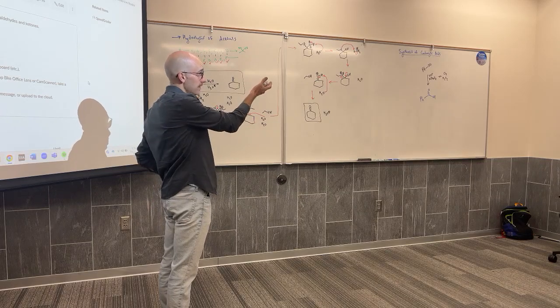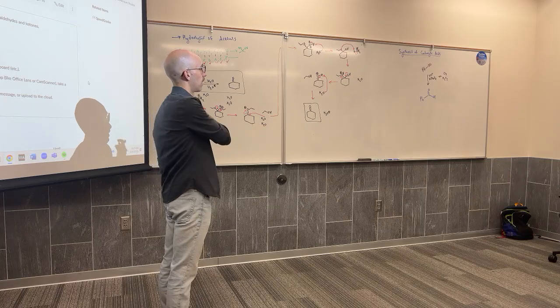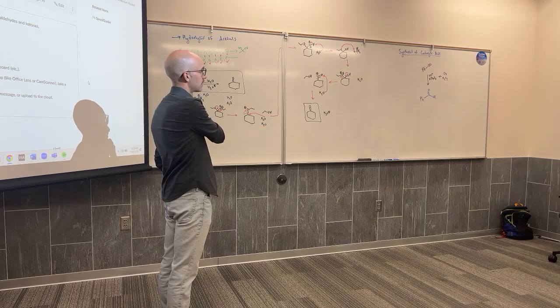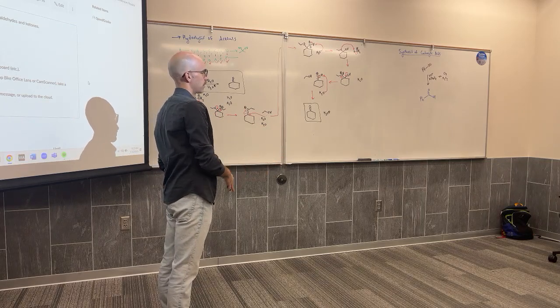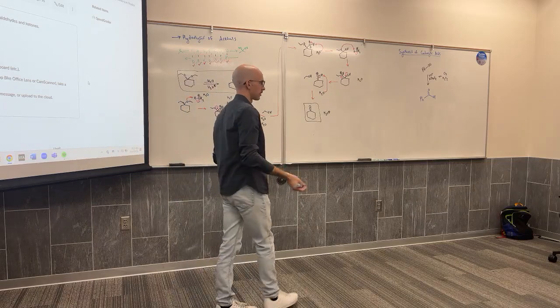Now, in the event of a terminal alkyne, one of the carboxylic acids that forms is carbonic acid, which just bubbles away as carbon dioxide.